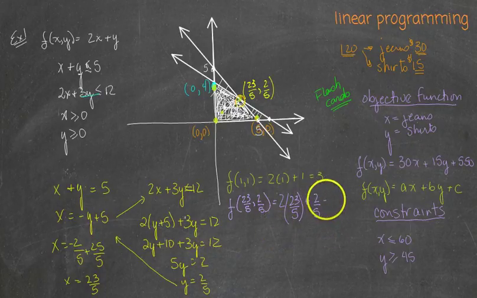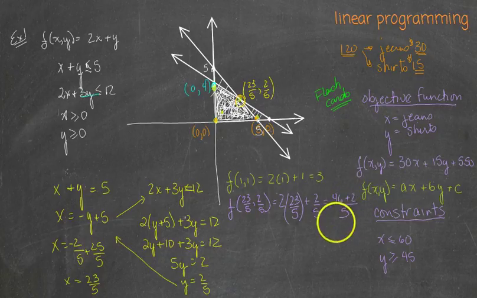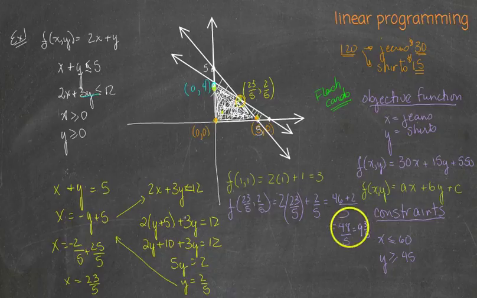So that equals 46/5 plus 2/5, which is 48/5. And just so I kind of know what the number is, 5 goes into 45 9 times, so 9 3/5. So the value on my objective function for this vertex point is 9 3/5.